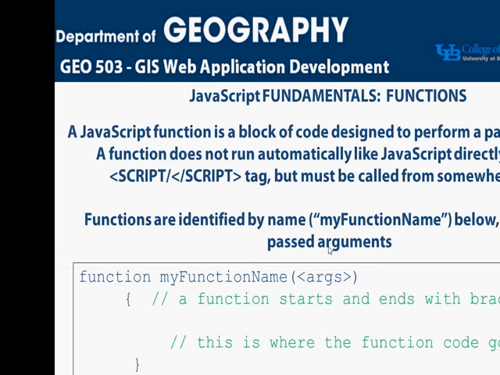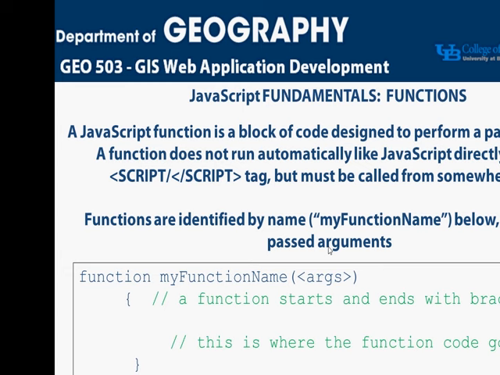As we saw when I did the example, a function does not run automatically just because it's in the script tag. It must be called from somewhere else, like when I called it from that button. Functions start with the keyword function in lowercase and are identified by name. You can name the function whatever you want, but name it something that makes sense. If it converts kilometers to miles, call the function kilometers to miles.